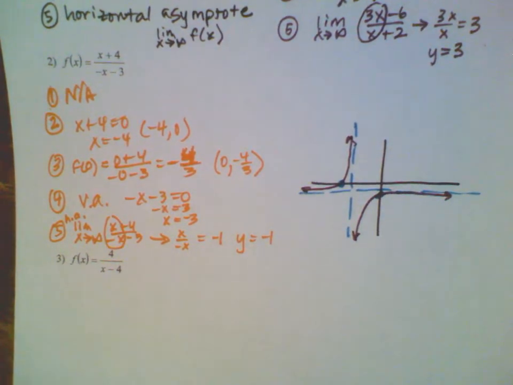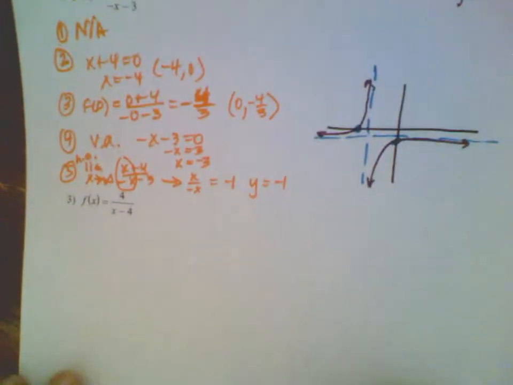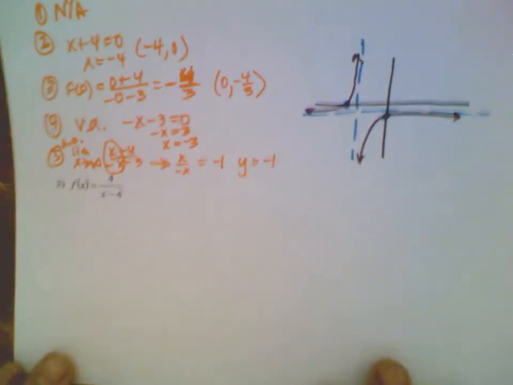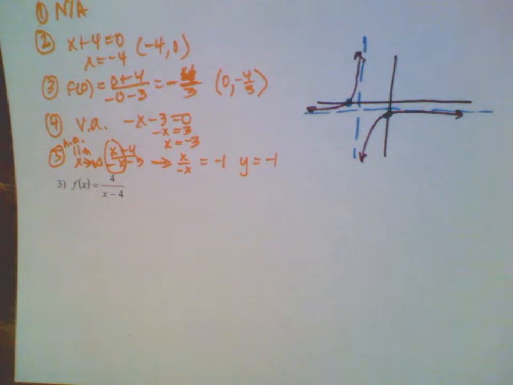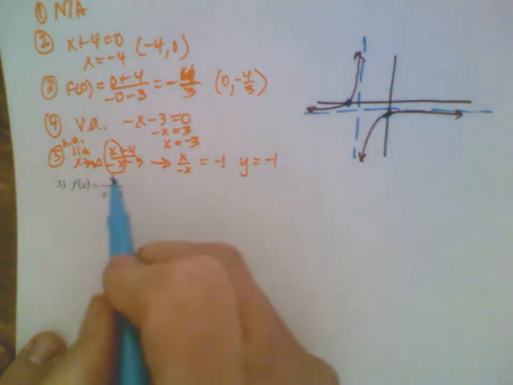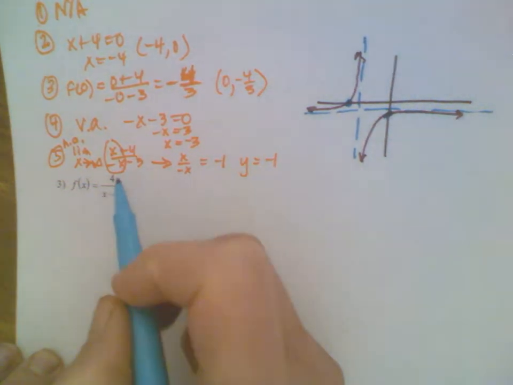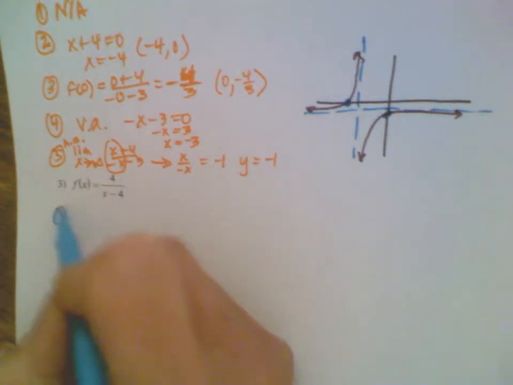Okay, so sometimes funky things are going to happen, and that's okay. In problem number 3, we get one of those little issues, and tomorrow we'll get into some more of the issues. But in number 3, my numerator is just a number, so I can't factor this.